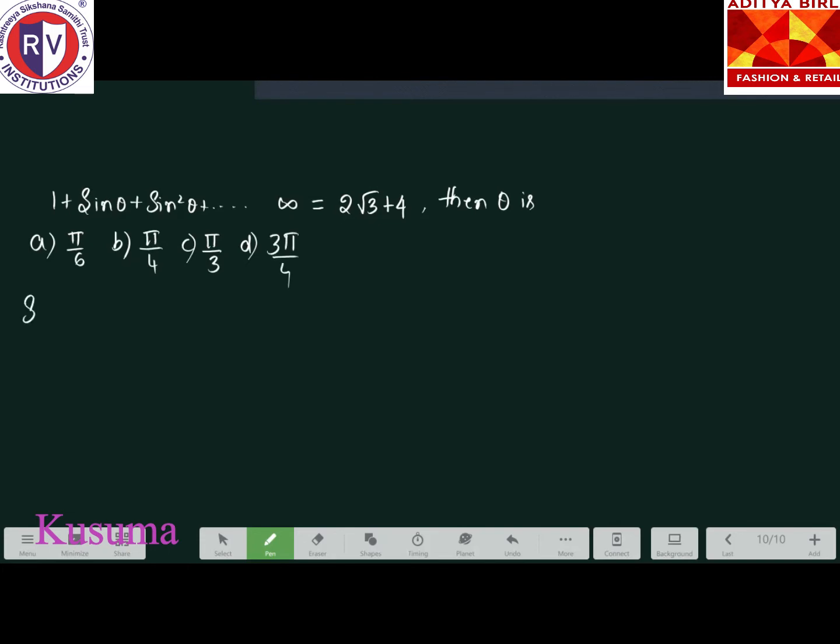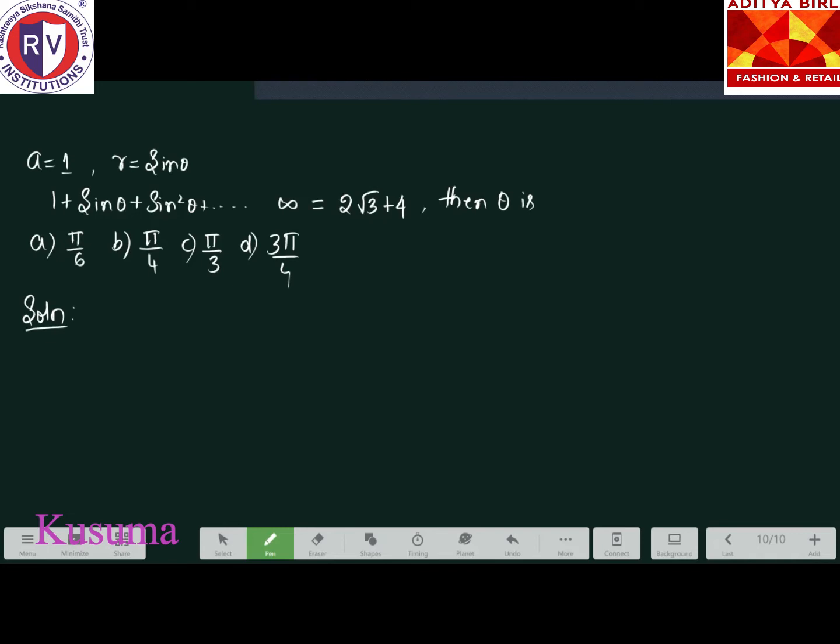So look at the series. It is clearly a geometric series, right? With the first term 1, and what is the common ratio here? Sin theta is the common ratio. That is, A is equal to 1 and R is equal to sin theta. And see, the series is up to infinity.